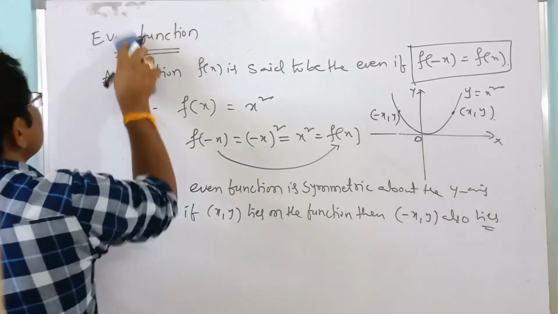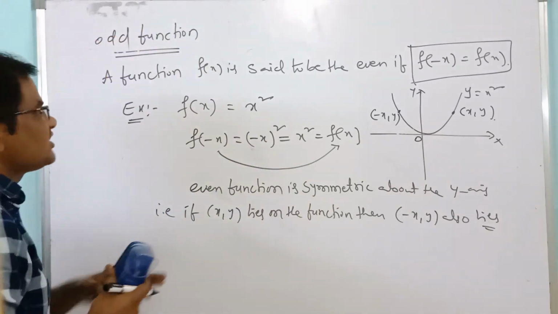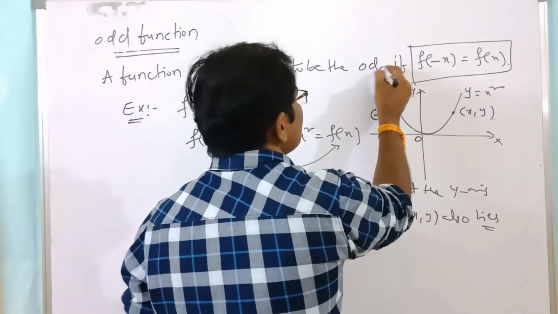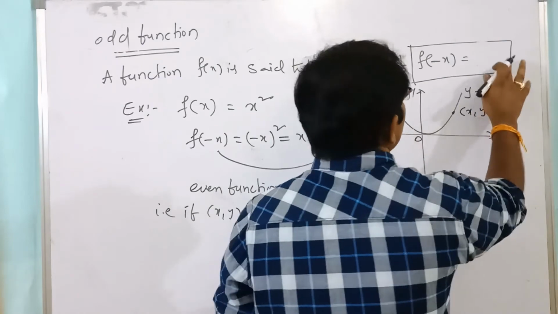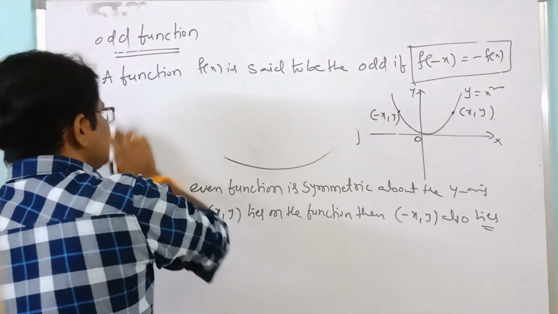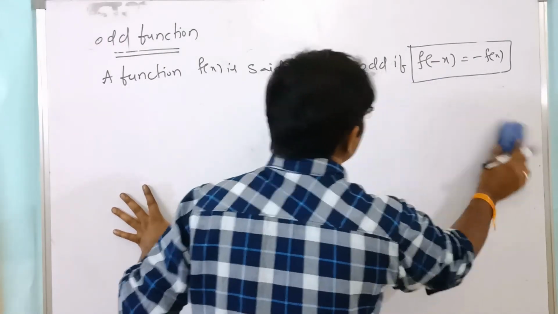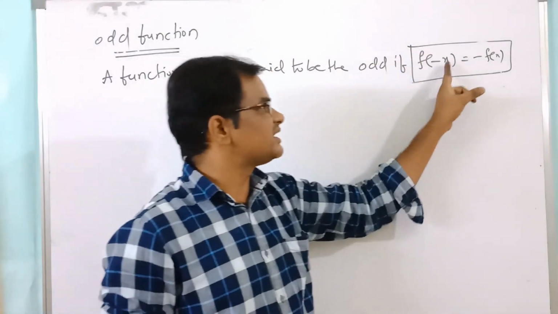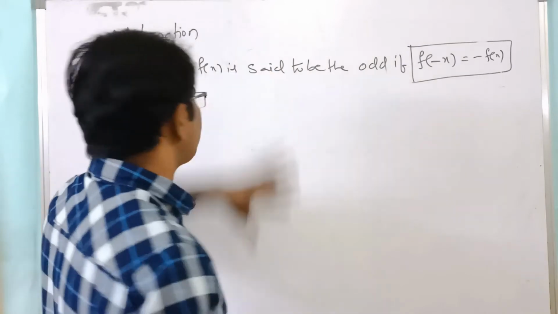Next, odd function. A function f of x is said to be odd if f of minus x equals minus f of x. If you replace x by minus x and you get minus of f of x, then that function is called an odd function.